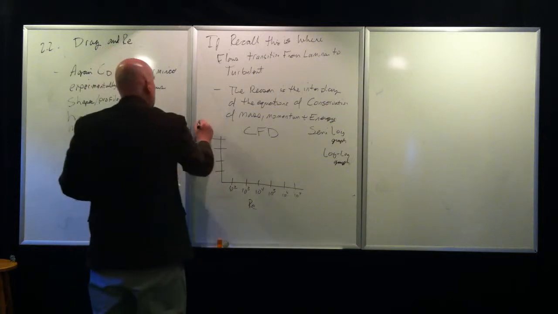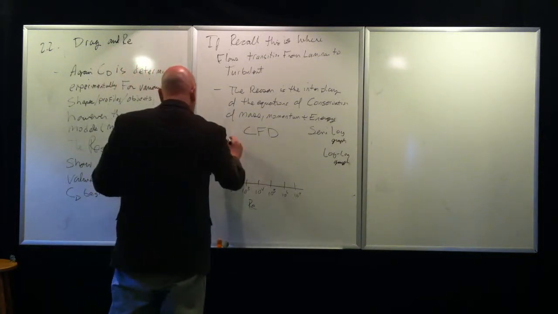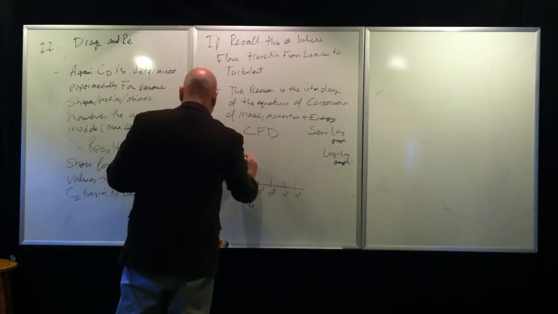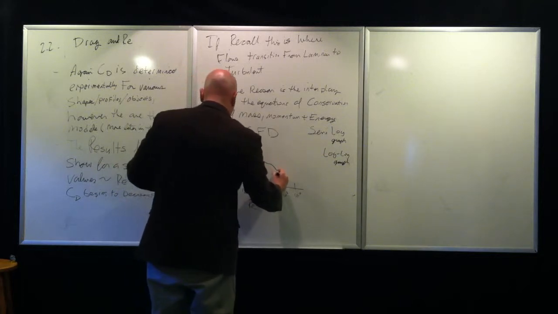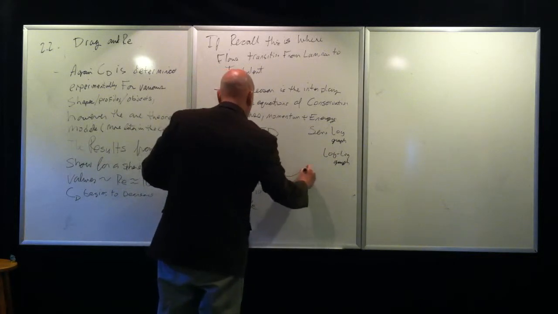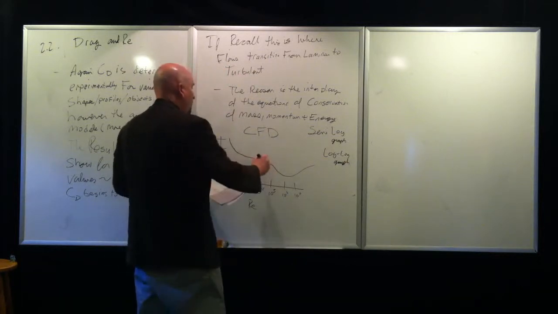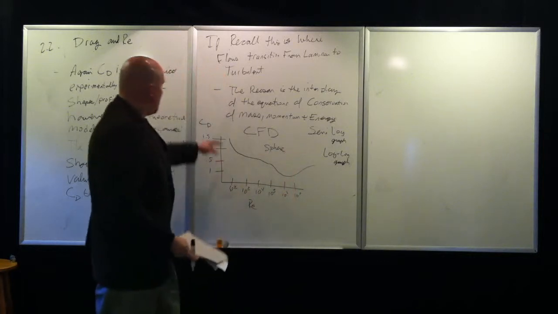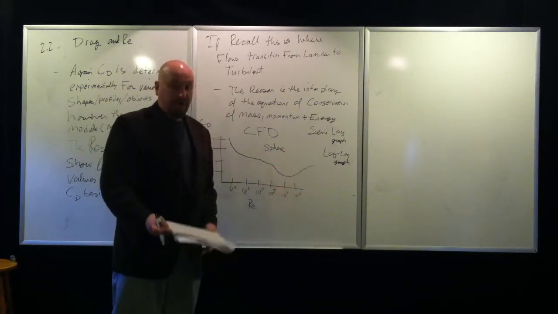So on this side is going to be the coefficient of drag. So what we can see is roughly going along something like that for the coefficient of drag for a sphere. Coefficient of drag varies as your Reynolds number varies.